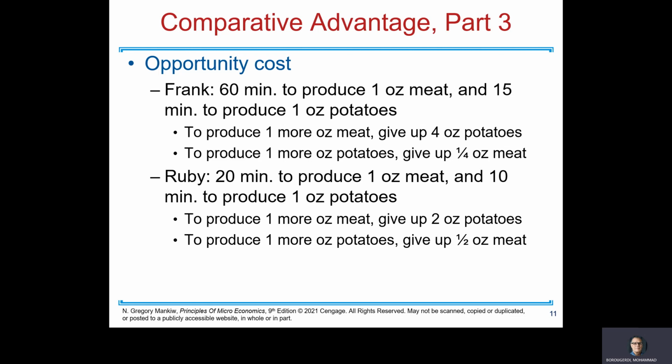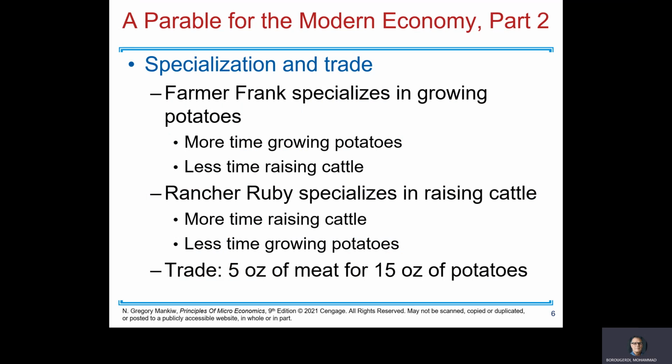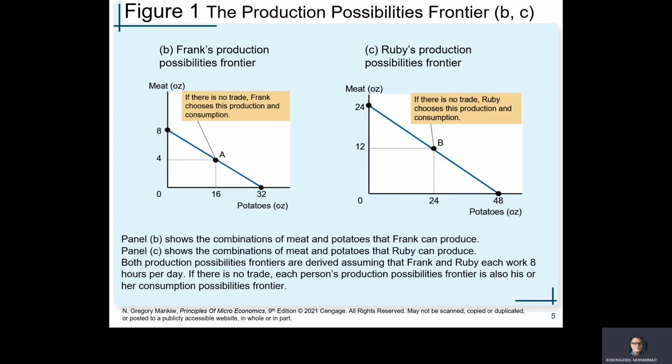Or if you look at it on the chart here, let's go back in here. Actually, it shows it better here. That's the slope of the line. The slope of the line is the opportunity cost of producing 1 ounce of potato. And the slope is what? You know that, rise over run, 8/32, which is 1/4. Okay. Frank, to make potato, has to give up 1/4 ounce of meat. That's the opportunity cost.